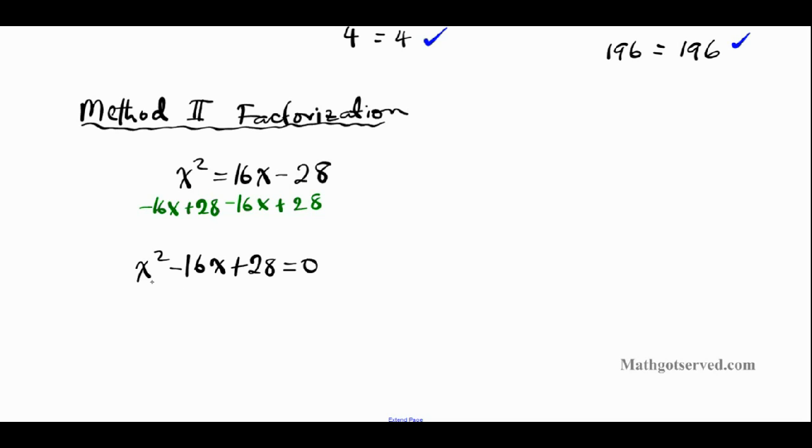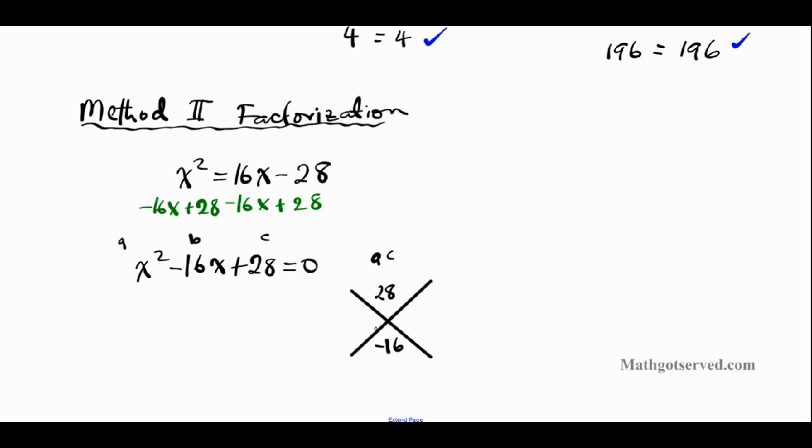Can we reduce? Is there a common factor we can factor out? There isn't any common factor, so let's go ahead and factor this. Okay, all right, I'm going to make use of the X scheme. I like to use the X scheme to factor quadratic trinomials of this nature. AC goes on top, B goes on the bottom. This is ABC. So AC is positive 28 and B is negative 16.